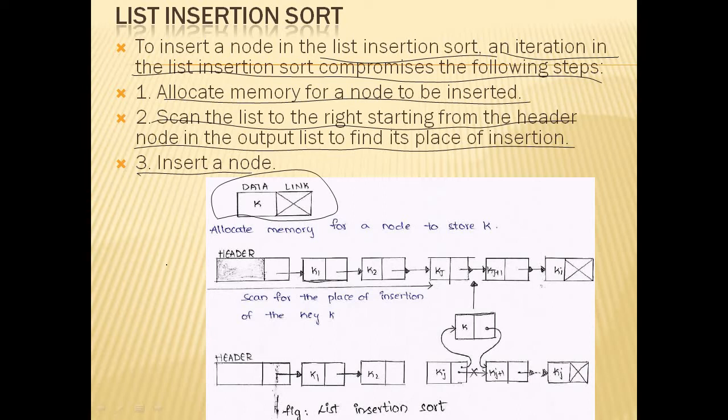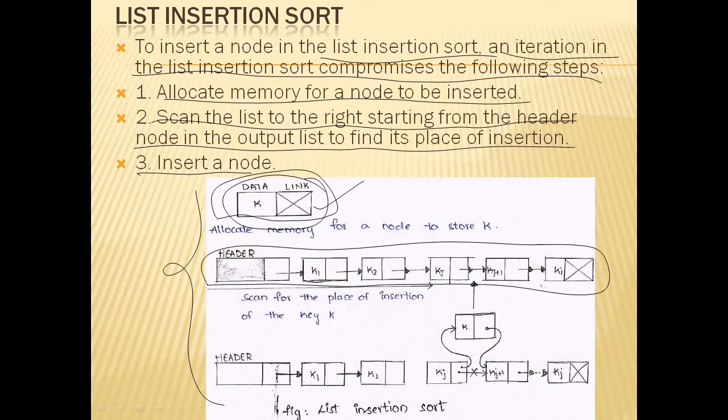In this diagram we show how to insert an element. First you should know that a node contains data and a link, and the link holds the address of the next memory location. Assume we have a list like this: a header, then k1, k2 and so on, some kj, kj plus 1, and ki.